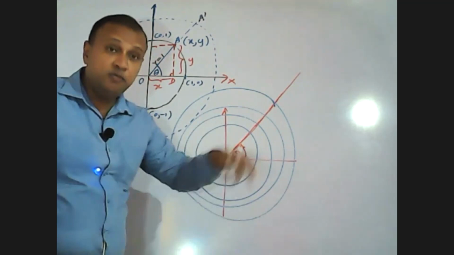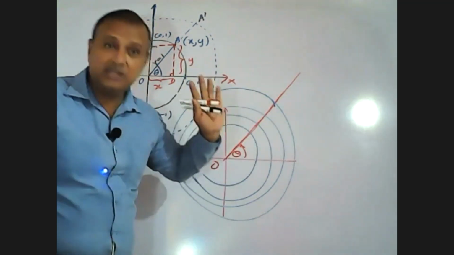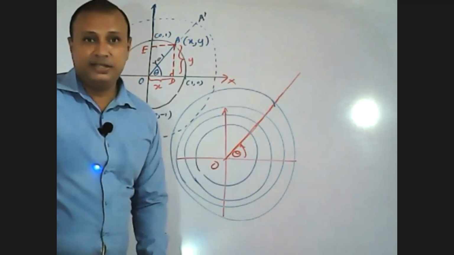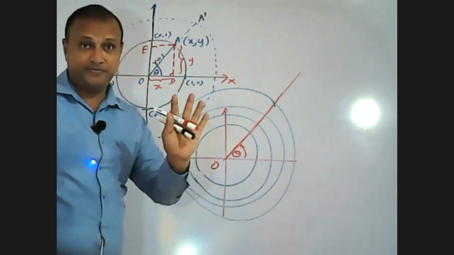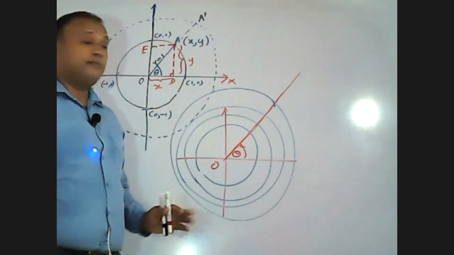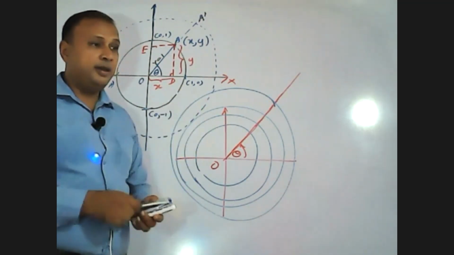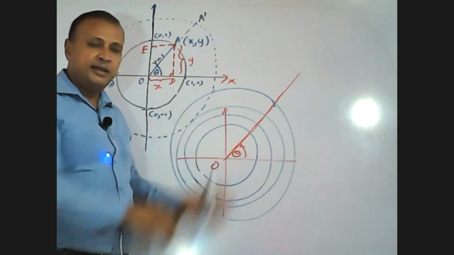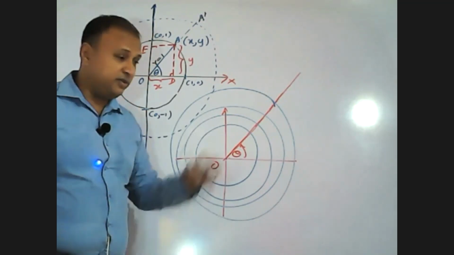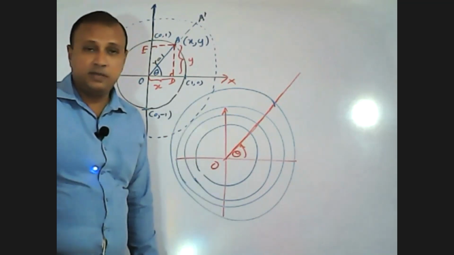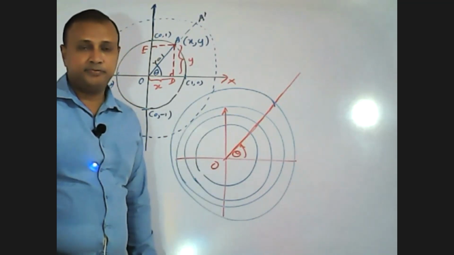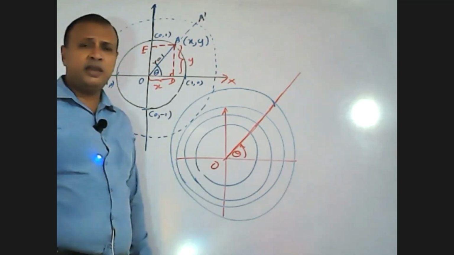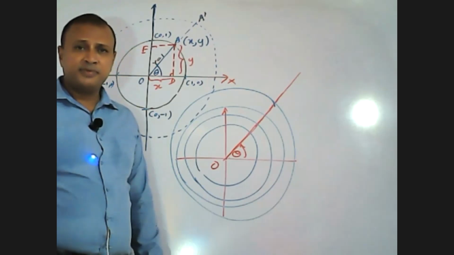But there should be a standard. The standard definition is using a unit circle. That is the thing. Because if I draw a 2 centimeter circle, I can define trigonometric functions using it.